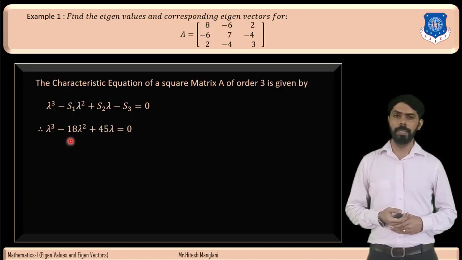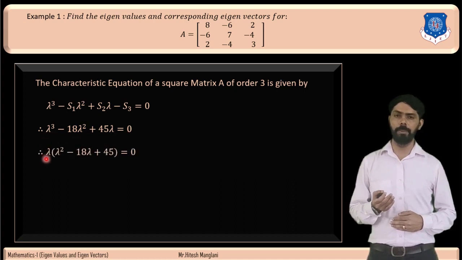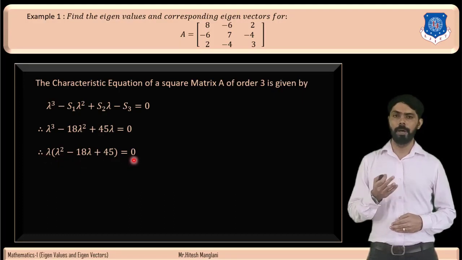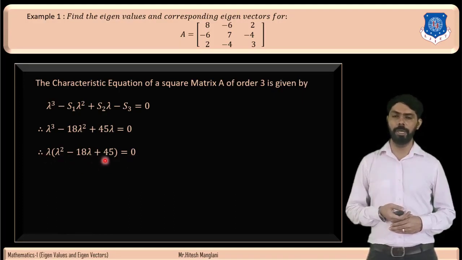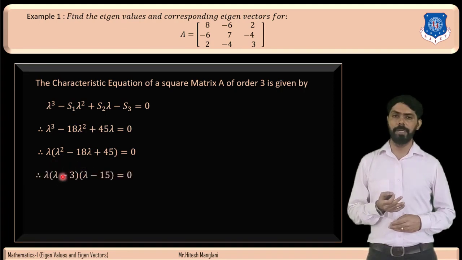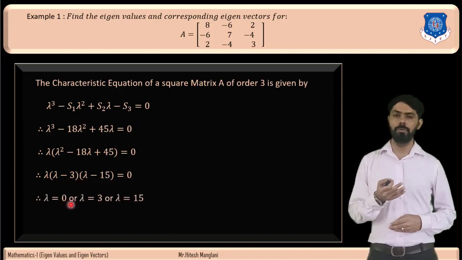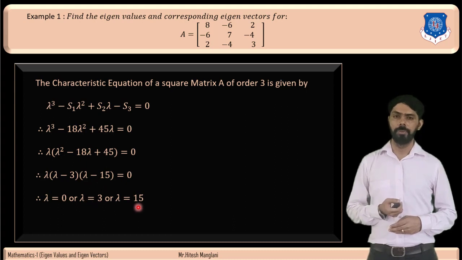Taking lambda common from these three terms, it will be lambda in bracket lambda square minus 18 lambda plus 45 equal to 0. Now we factorize lambda square minus 18 lambda plus 45. The factors are lambda minus 3 and lambda minus 15. So it will be lambda into lambda minus 3 into lambda minus 15 equal to 0. Therefore lambda will be 0 or 3 or 15.